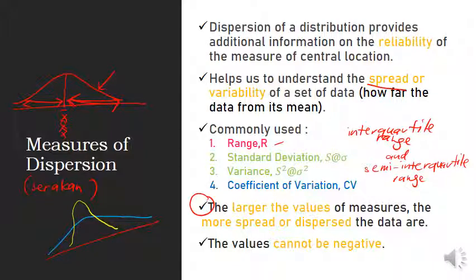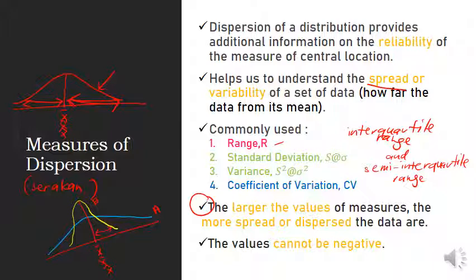So for example, kita ada dua distribution. Satu distribution A, yang ini distribution B. Okay, kita anggaplah ini simetri ya. So tengah-tengah dia inilah mean, inilah median, inilah mode. But from here kita boleh nampak yang walaupun mean dia sama kat tengah-tengah, tapi dia punya serakan ni tak sama.